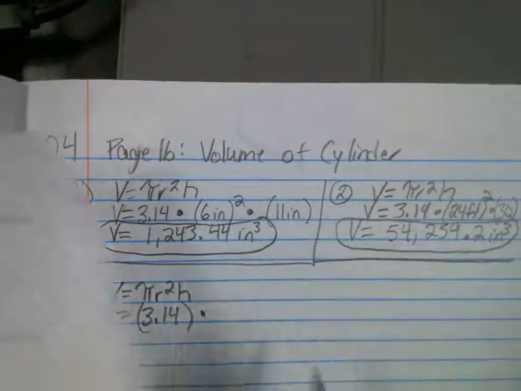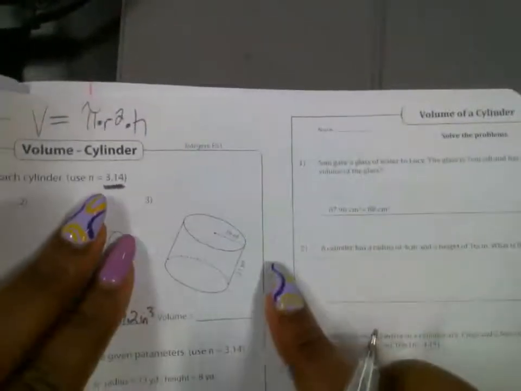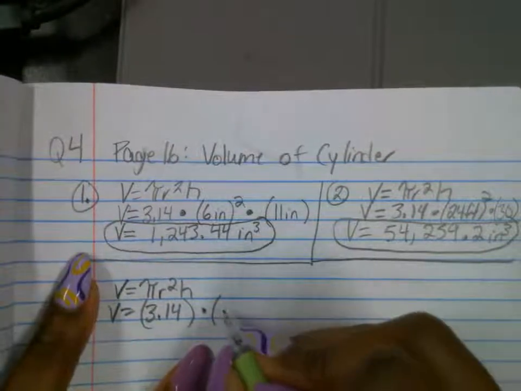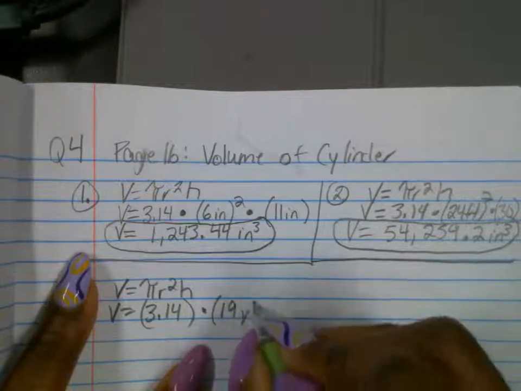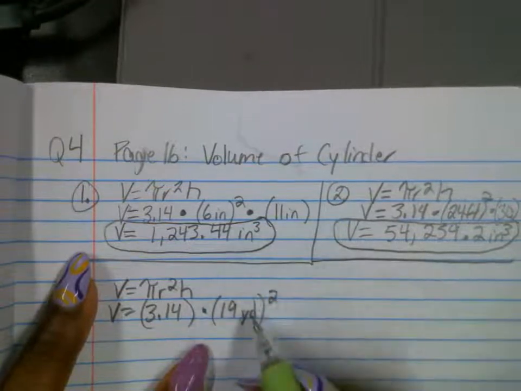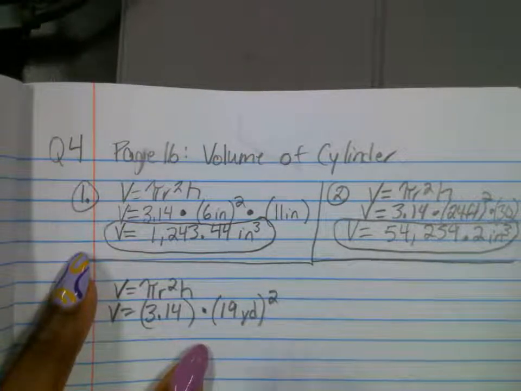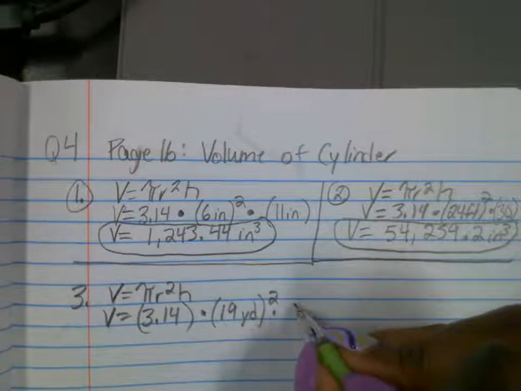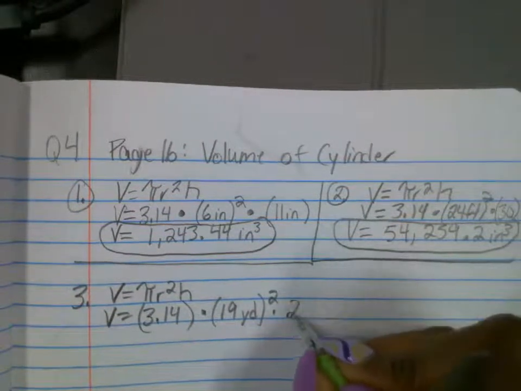Times, what's the radius in the picture? 19 what? 19 yards. And we square the radius times the height. What's the height of that cylinder? 21 yards.